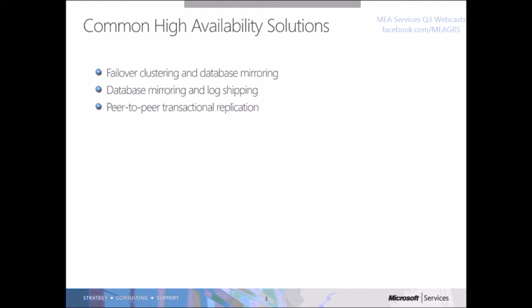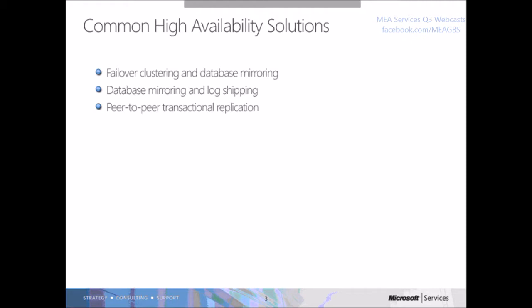We also had peer-to-peer transactional replication that provided us with a scale-out high availability solution by maintaining copies of our data across multiple SQL Server instances. This was, as we know, built on a foundation of transactional replication. Peer-to-peer replication propagates transactionally consistent data in near real time.